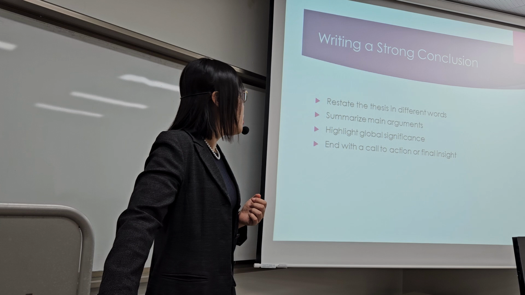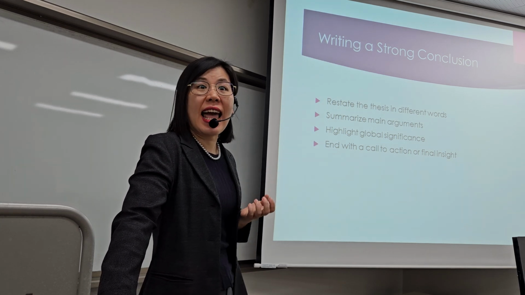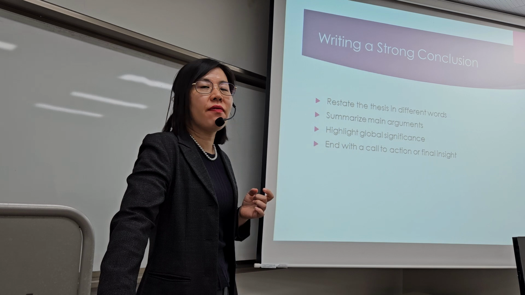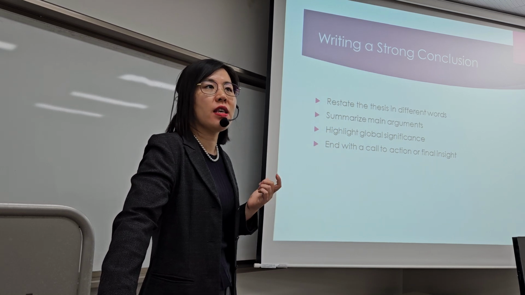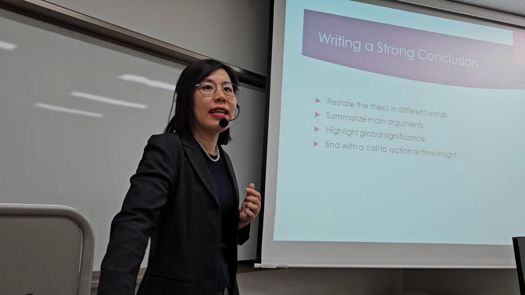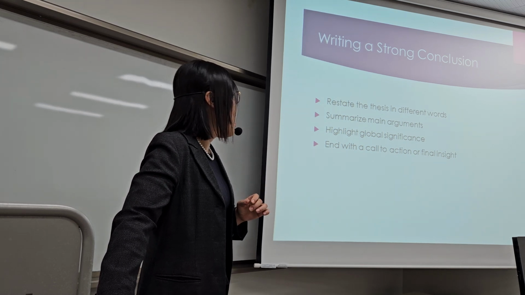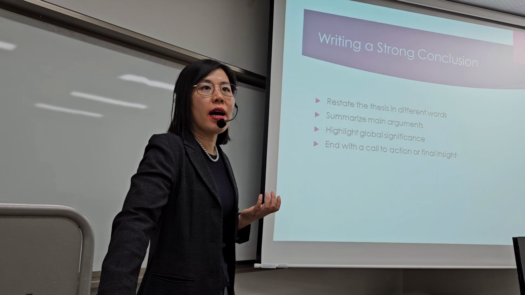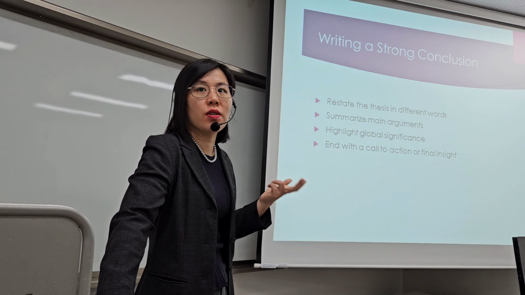So for the conclusion, you basically have to restate your thesis statement again, but in a slightly different manner. So you paraphrase what you have written for your thesis statement, and then you recap or summarize your main arguments. So we had 3 main arguments, including the counter-argument.